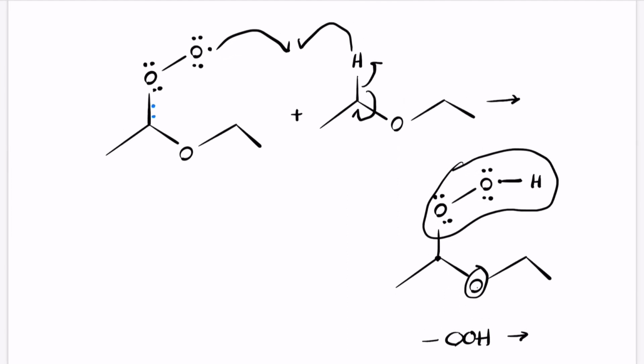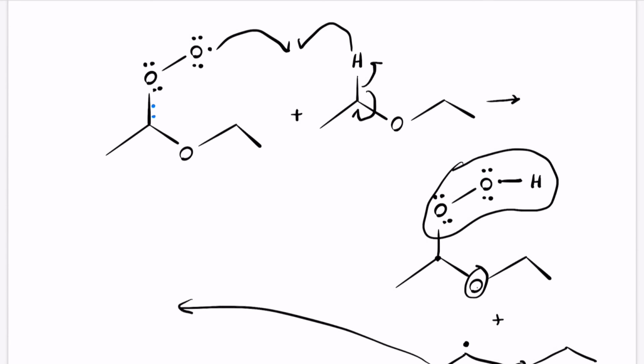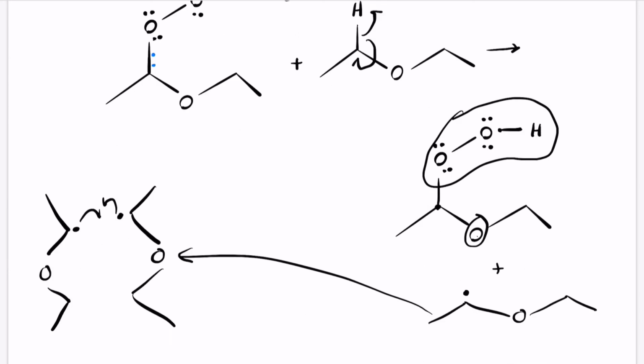So to terminate the reaction, what will terminate the entire reaction here? Notice that along with the product that you have, you end up with the R radical from the ether. So these radicals will combine together. So what will happen? These two radicals will combine together and create a complex structure.